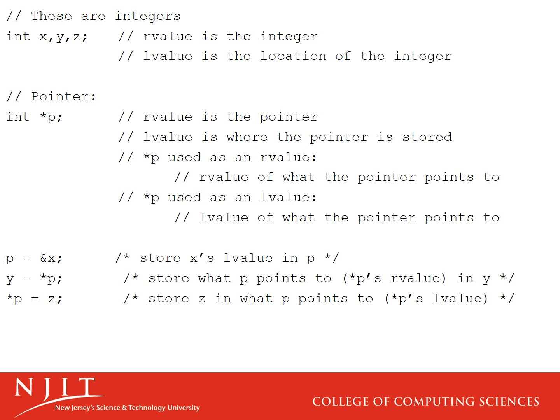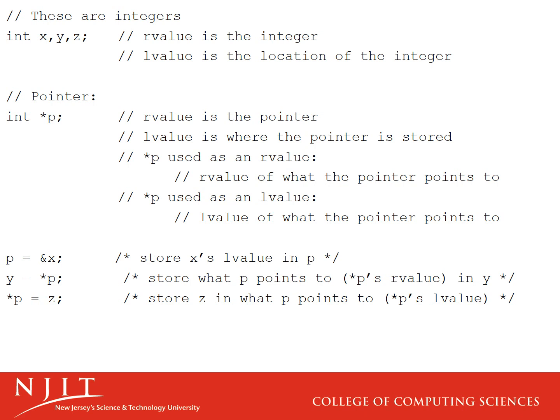You see here, I've just got a bunch of variables declared: X, Y, and Z. In the case of X, Y, and Z, the R value for X is whatever integer is stored in X. The R value for Y is whatever integer is stored in Y, etc. The L value for X, the L value for Y, the L value for Z is the memory address associated with X, Y, and Z. Maybe it's on the data segment, maybe it's on the stack, maybe it's in the heap, nobody cares, nobody knows. It's different from the R value.